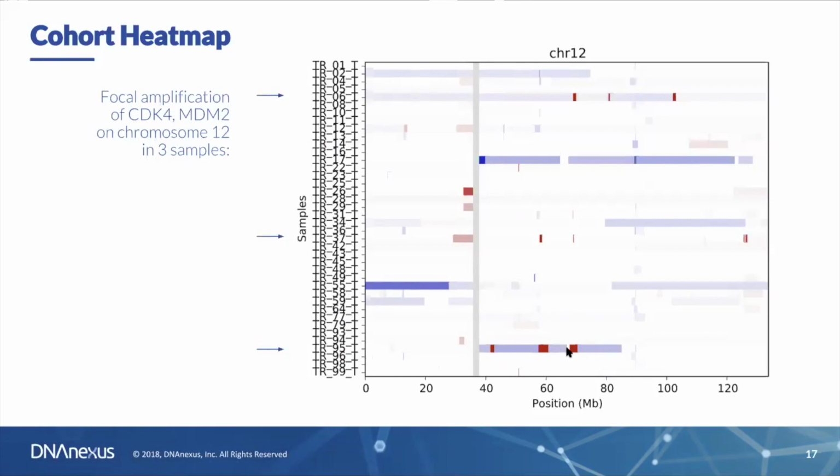But on top of that, you see these deep red regions. That means amplification, not just single copy gain, but something higher than that. It's most obvious in sample TR95, but we also see the same pattern in 37, and that second gene around 70 megabases shows up in sample 6 as well.